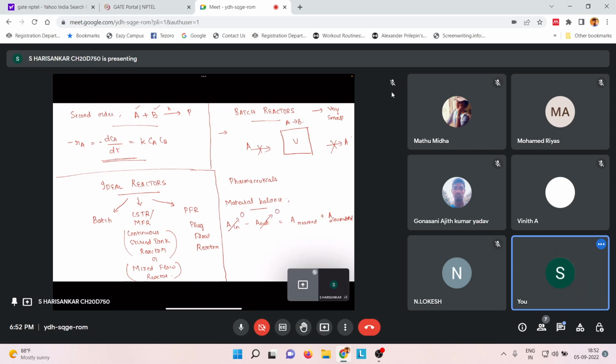Now, A reacted you can get by using the reaction rate, minus RA into V, and A accumulated is nothing but the rate of change of moles of A with respect to time. So this will be 0 here because A in and A out are 0.